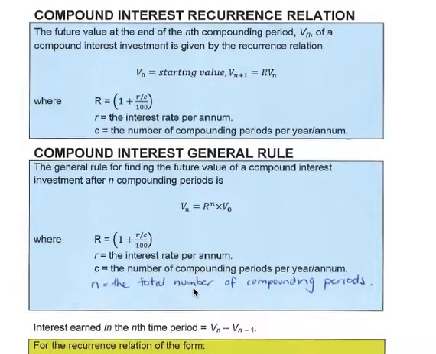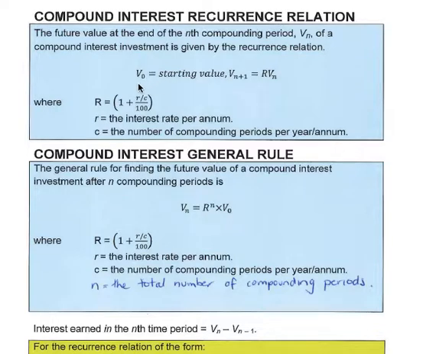So let's have a look at the recurrence relation first. You've got your starting value, which was that 3,000, and the year. R is 1 plus whatever your percentage is over 100. C is just the number of compounding periods per year. If you're talking about monthly, that would be over 12. If you're talking about quarterly, that would be over 4.